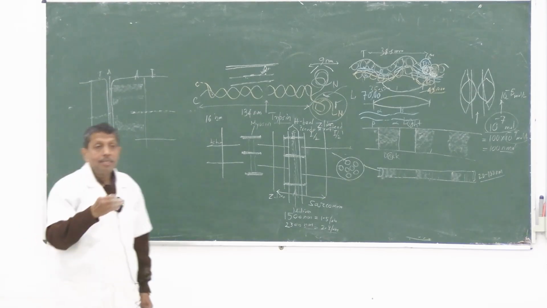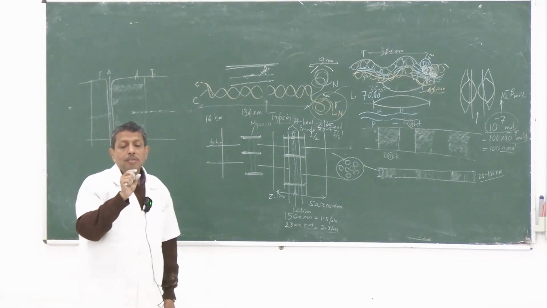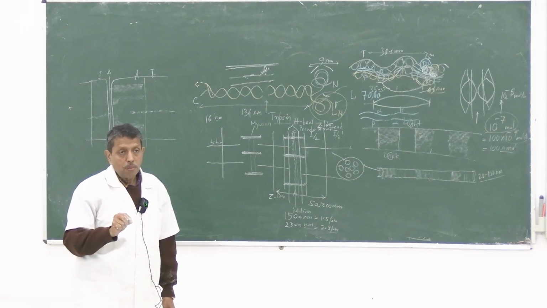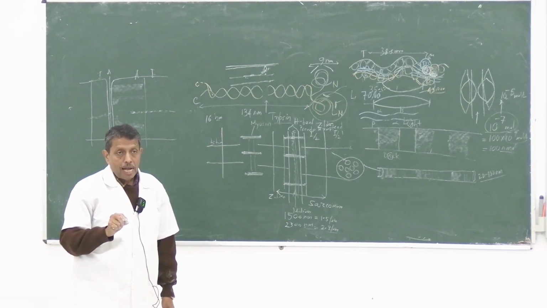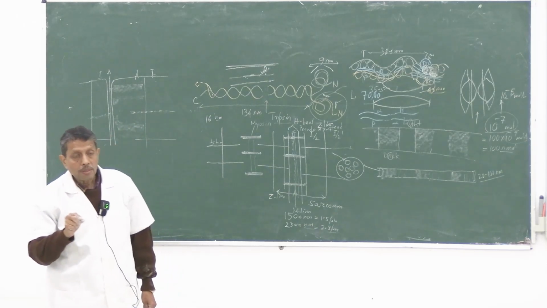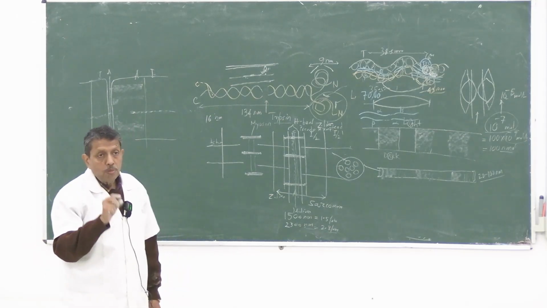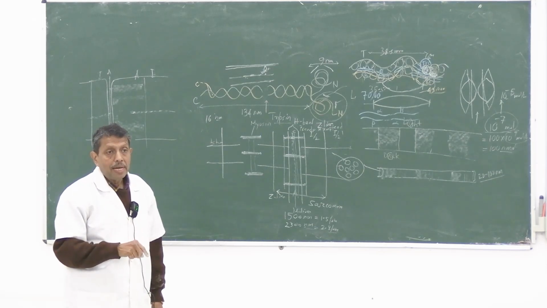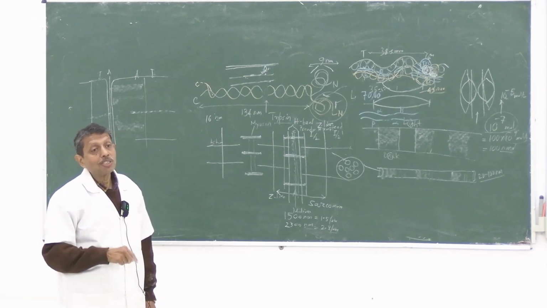Functionally, every individual cell you may consider a syncytium. Multiple nuclei, and there must be an adequate number of T tubules so that communication can reach them quickly from the cell membrane. And the cell membrane of skeletal muscle is called sarcolemma.